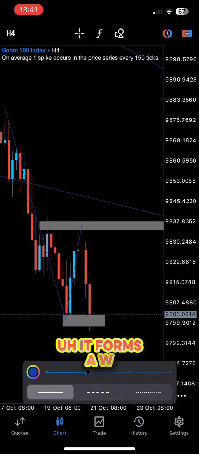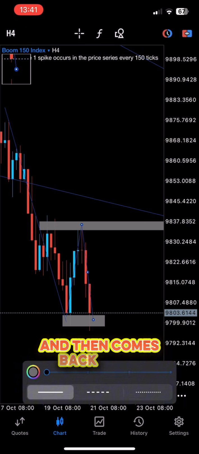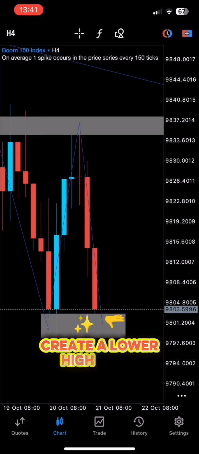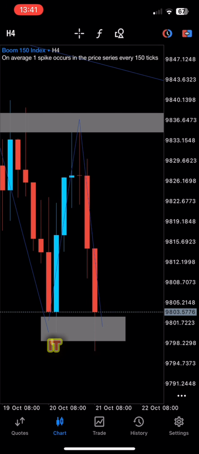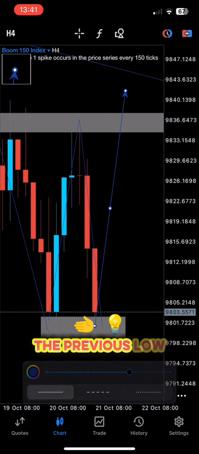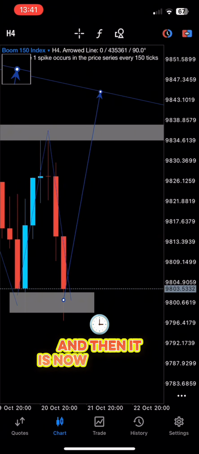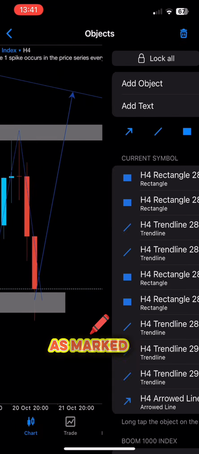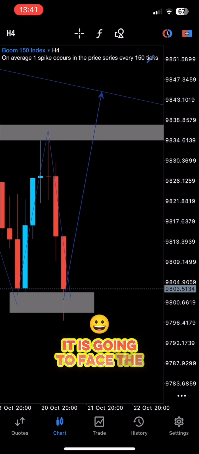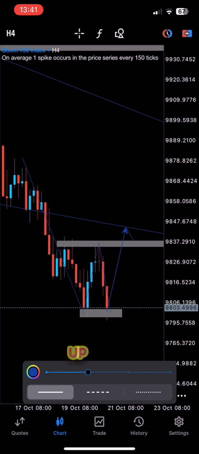It comes to the downside and creates a low, and then comes back up to create a lower high. After creating the lower high, it comes to retest the previous low, creating the latest lower low, and then it is supposed to go to the upside, as marked by that arrow. It is going to face the confluence of the neckline, and then it will continue going up, right?